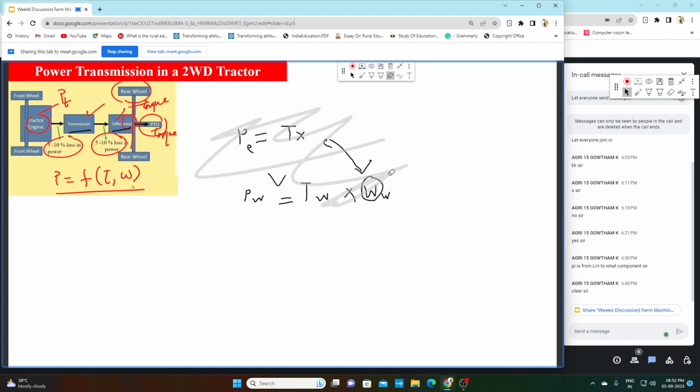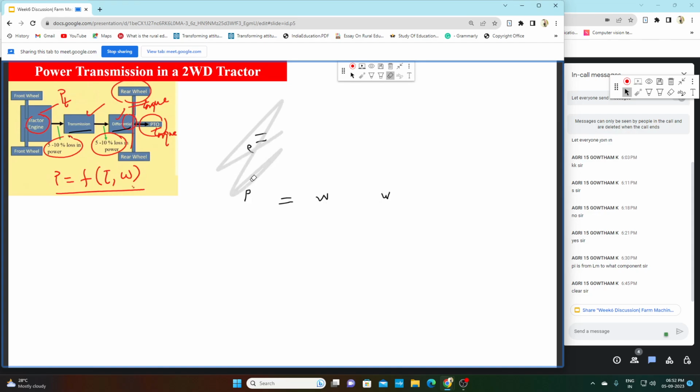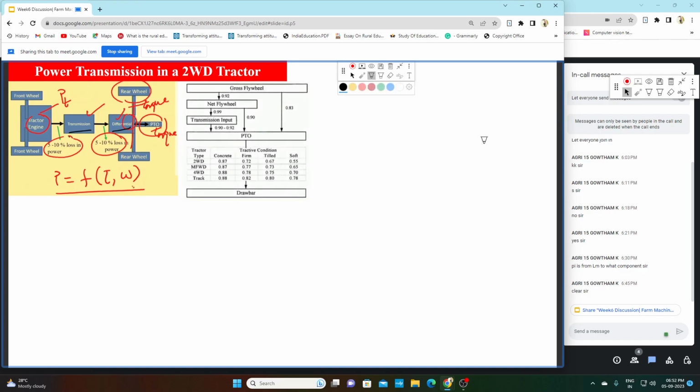Now another important thing is, what is the reduction of the tractor engine power, or here we can say the BHP, the brake horsepower of the tractor, to the rear wheel power and to the PTO power?